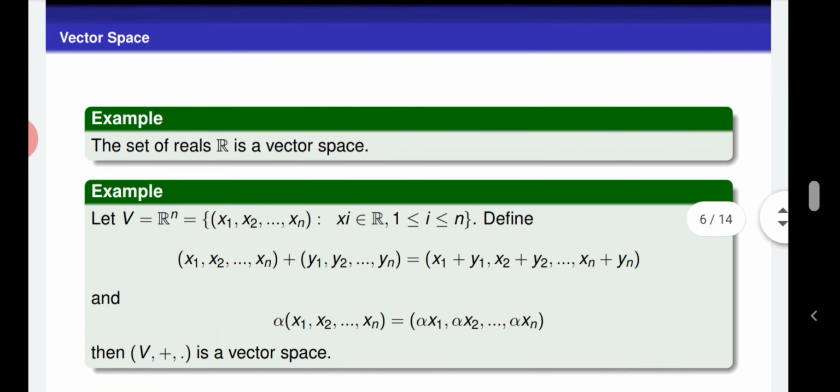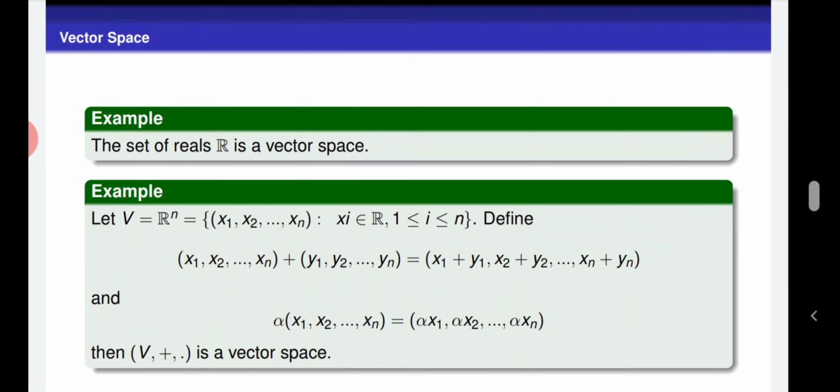Now we have examples. The set of reals R is a vector space. Another example, let V be equal to R^n, the set of (x1, x2, and so on up to xn) such that xi belongs to R, where i lies from 1 to n.